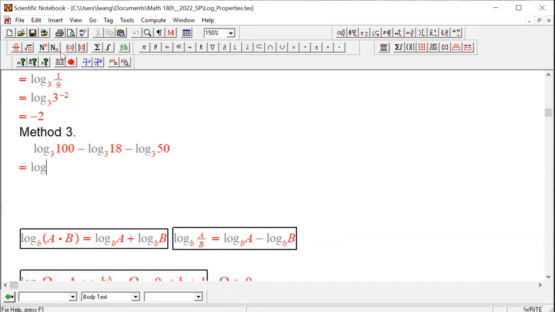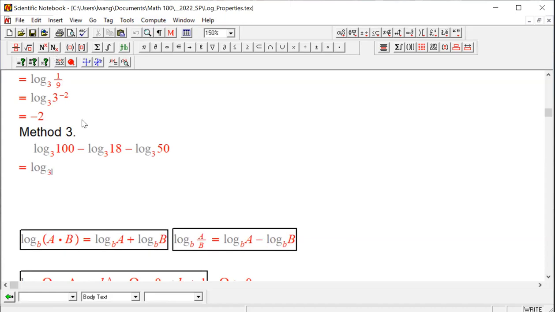So log base 3, right? 100 can be written as 50 times 2. Oh, hold on.